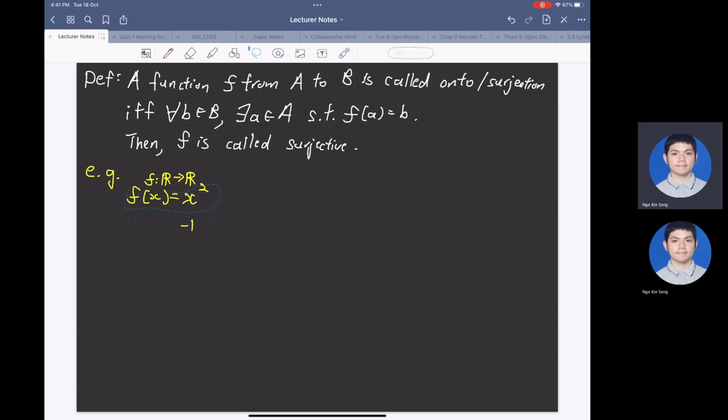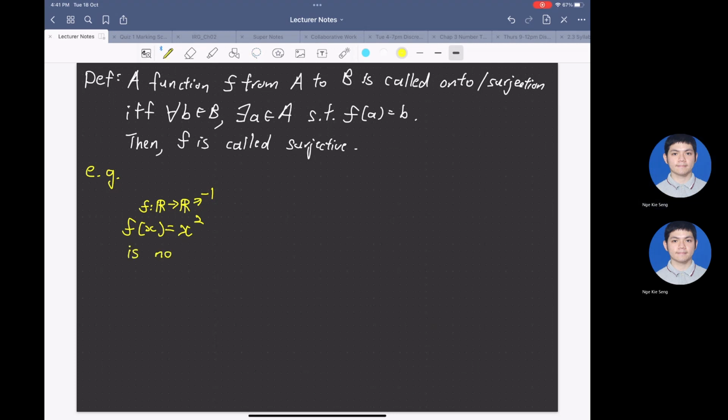Can you reach -1 here? Cannot, right? So the square of every number is positive, so you cannot reach a negative number. Right? So this is not onto.